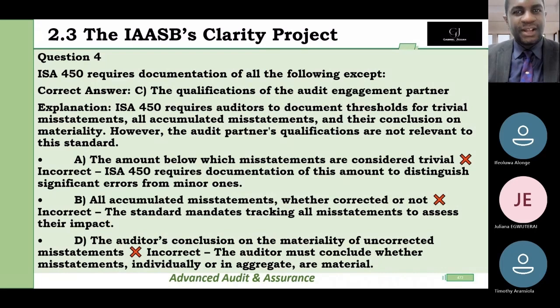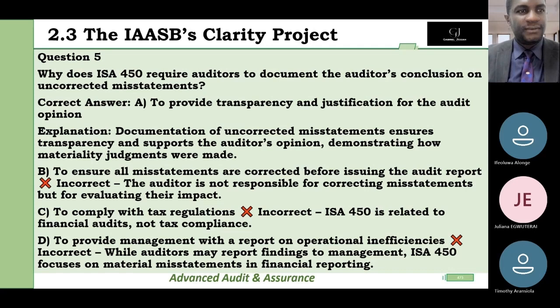ISA 450 requires documentation of all the following except the qualifications of the audit engagement partner. Explanation: ISA 450 requires auditors to document thresholds for trivial misstatements, all accumulated misstatements, and their conclusion on materiality. However, the audit partner's qualifications are not relevant to the standard. Wow. This is incredible.